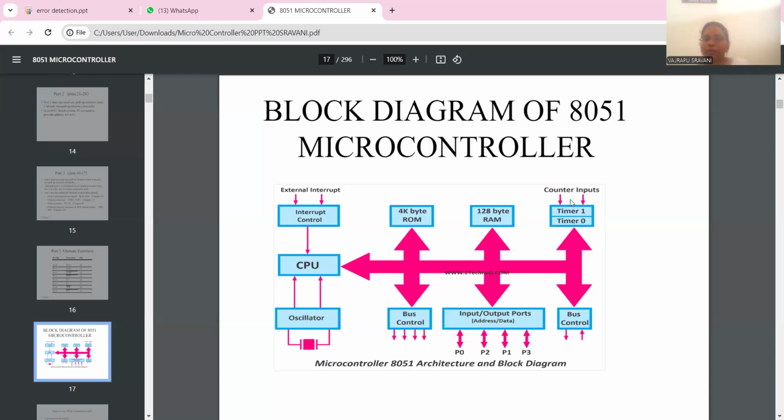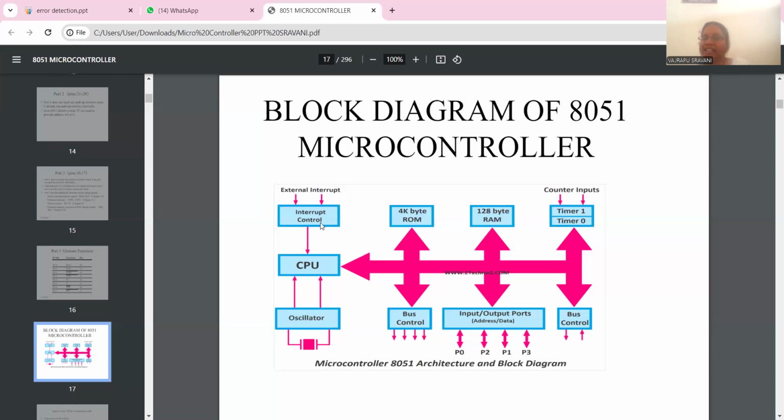At that moment, it produces 2 interrupts, and for serial data transmission and reception purposes it also produces 1 interrupt. These 3 interrupts are also controlled by the interrupt control.